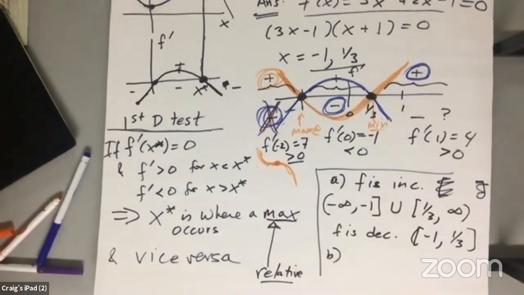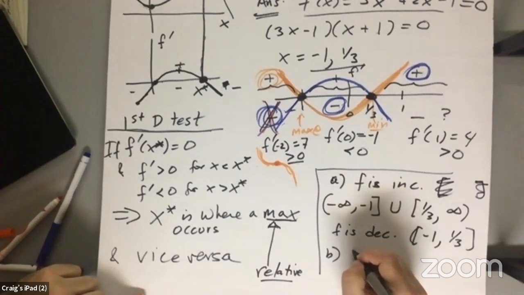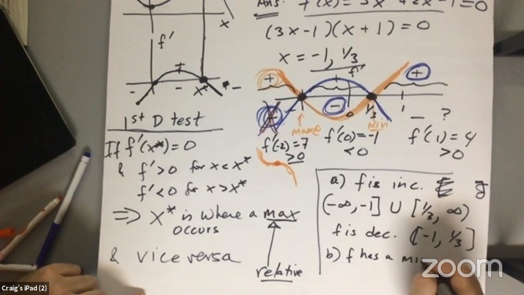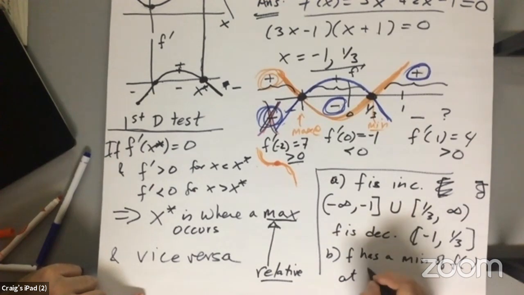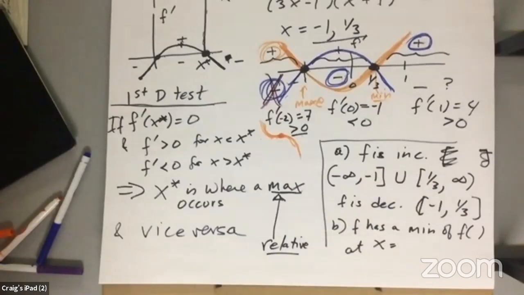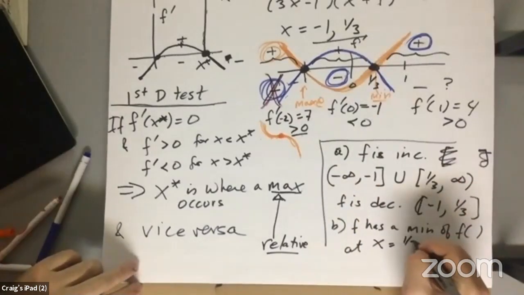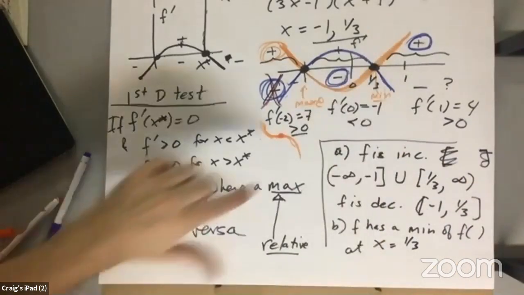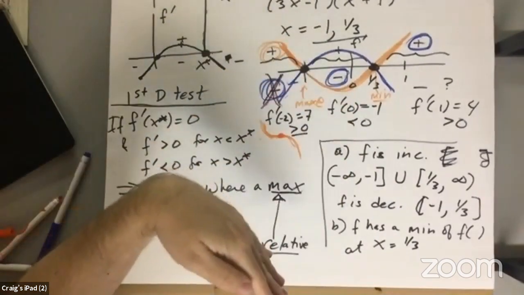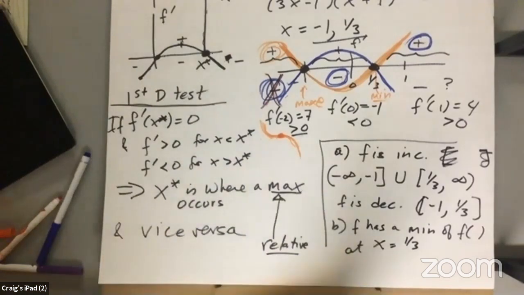Okay, and that also tells us where the maxes and mins of f are. f has a min of f of something at x equals 1/3. At x equals 1/3, the derivative switches from negative, so it's a decreasing function, to 0 to positive.